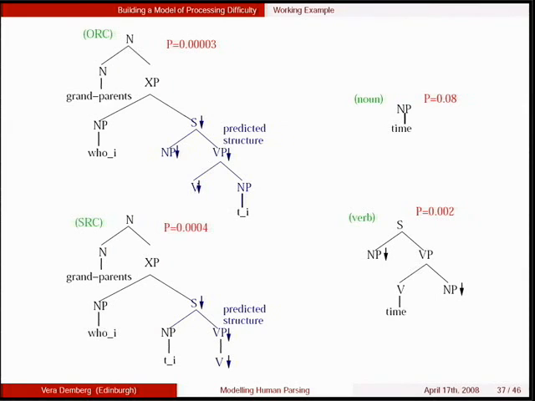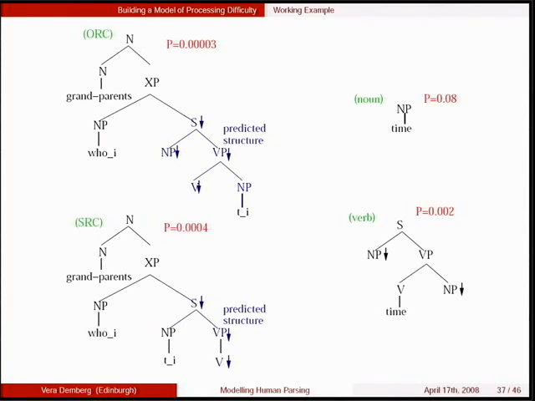It was this kind of structure. So we would have these two parallel structures to keep track of. And they have different probabilities. Subject relative clauses occur more frequently than object relative clauses, for example. So we say, okay, this one has a certain probability, this one has a certain probability.